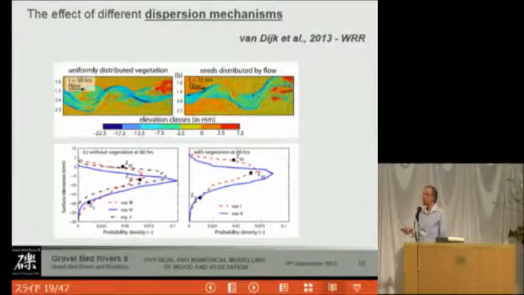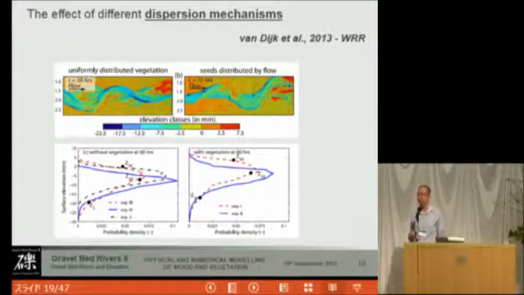You can consider that seeds are dispersed by wind, so you can find them everywhere, basically, like in this case. Or seeds may be distributed by water, so of course you find them on the margins of the channel. And this has a big impact on where vegetation grows.